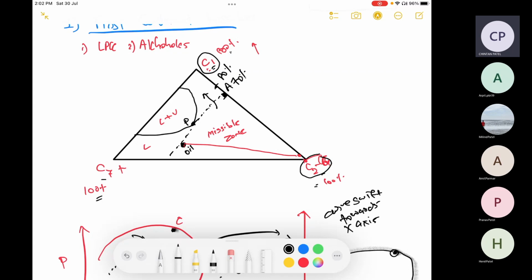So what condition is necessary here? My oil must be compatible with this critical line, and LPG will directly mix at first contact only.